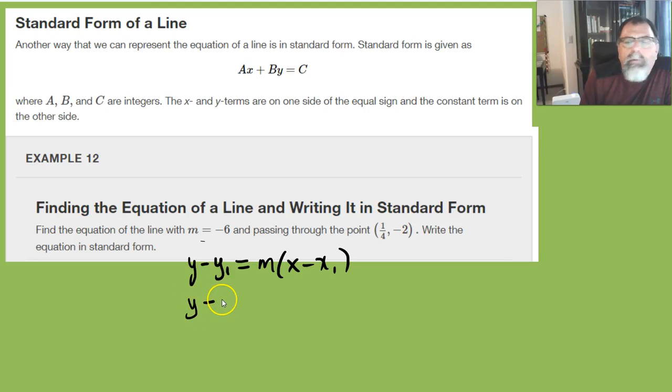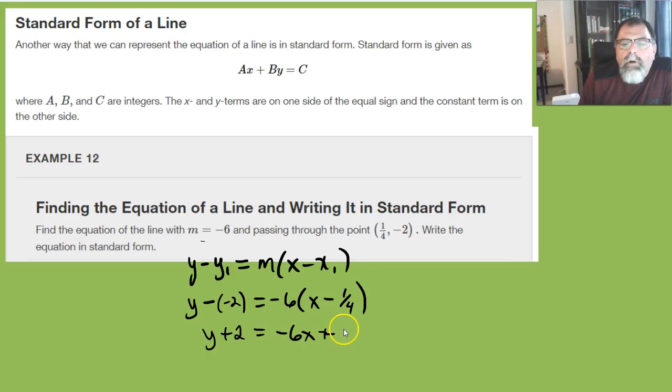So y minus y1, which is -2, equals m, which is -6, times x minus 1/4. So we get y plus 2 equals -6x plus 6/4, which reduces to 3/2.